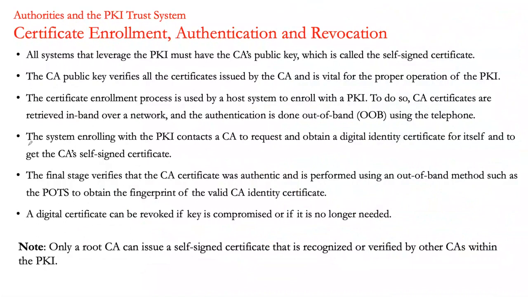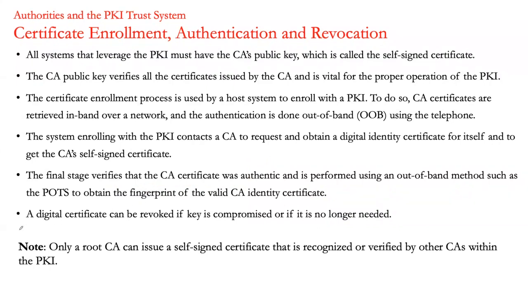So the system enrolling in the PKI contacts your CA to request and obtain the digital identity certificate for itself, and to get the digital certificate, the self-signed certificate. Then in the final stage, it verifies the CA's certificate using an authentic, out-of-band method, such as POTS, to obtain the fingerprint of your CA identity.